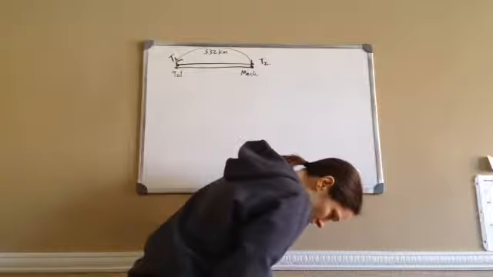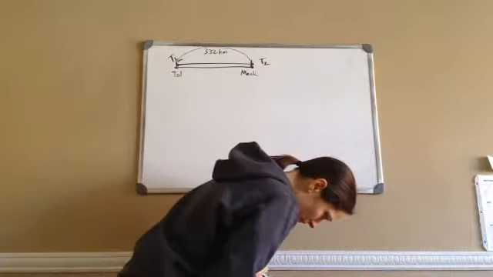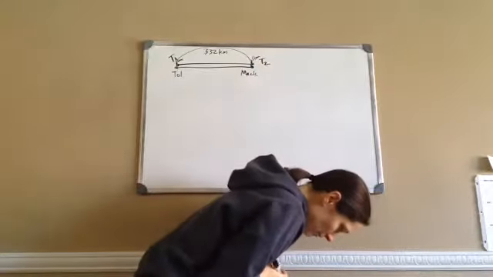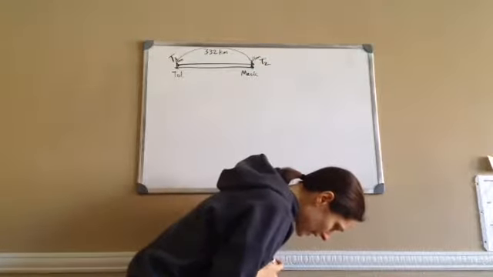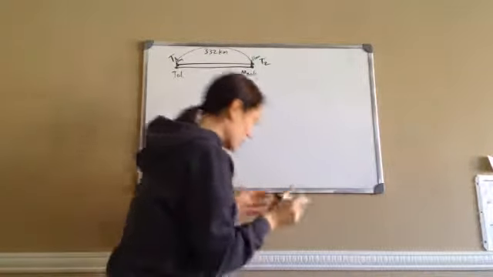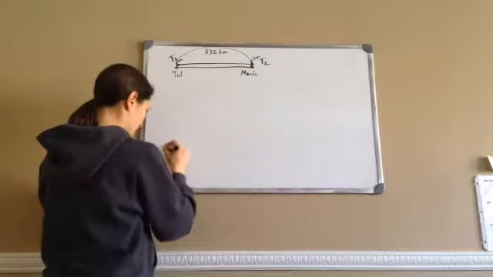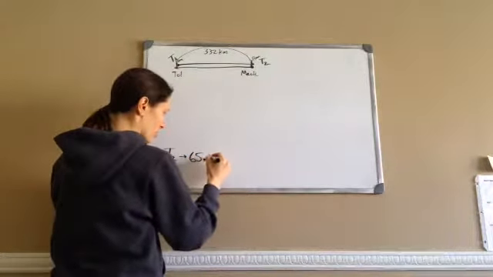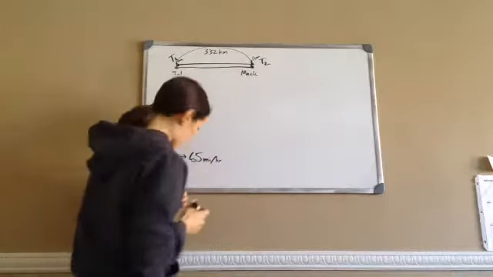Now, it says at the same time, so at 11 a.m., a train leaves Mackinac and heads for Toledo at 65 miles per hour. So I'm just going to write down key information for just a second. Train 2 is going 65 miles per hour. Okay?